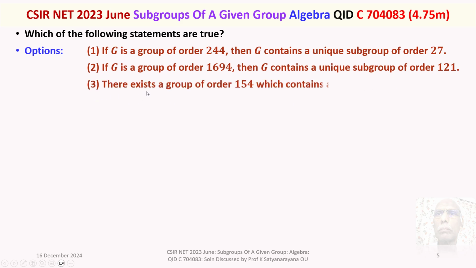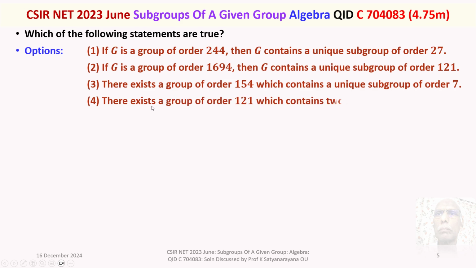Option 3. There exists a group of order 154 which contains a unique subgroup of order 7. Option 4. There exists a group of order 121 which contains two subgroups of order 11. And read options 3 and 4 carefully. They say there exist groups of certain orders.